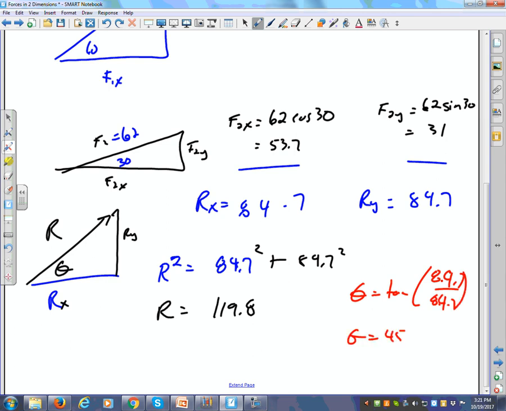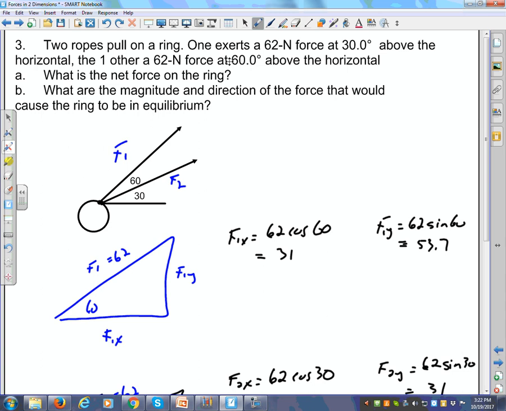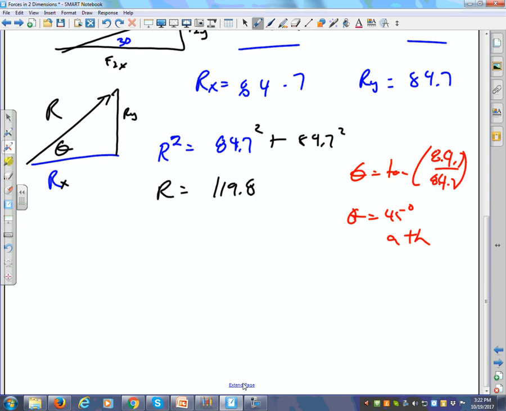Does that make sense? Yeah, 45. So that would be 45 degrees above the horizontal. ATH. Above the horizontal, because they gave this to me as both of these angles are above the horizontal, right? So 45 degrees ATH, standing for above the horizontal.